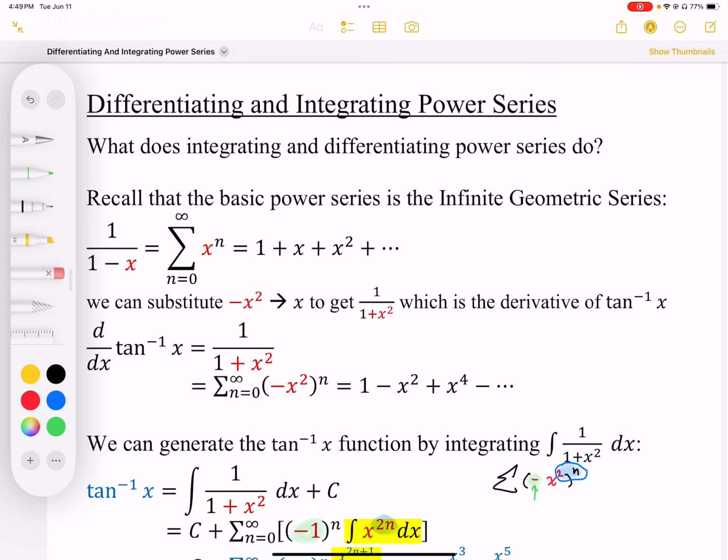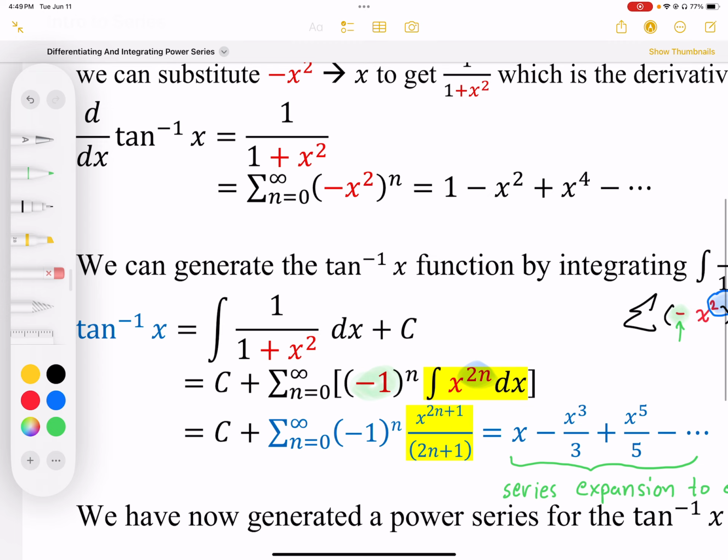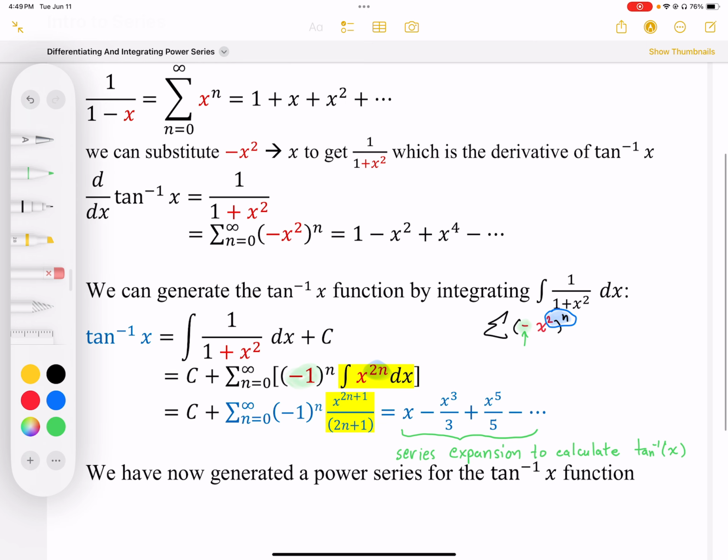Now, since that's the derivative of arctan, if I integrate this new function here, the function we had to start with, I'm going to generate the arctan function. I know this from previous work. Well, if I can integrate the derivative of arctan, I can also integrate the series that represents it. So that series is the same series I had before.